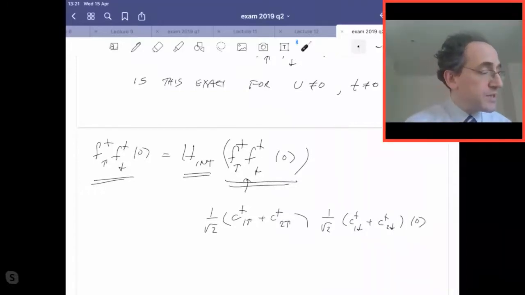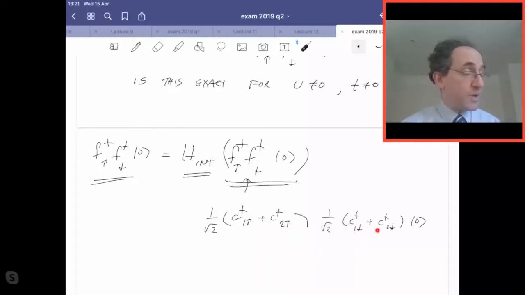The interaction term here gives an energy U to, okay, this product has 4 terms, these 2 terms times these 2 terms, and in the product there are 2 terms that get a coefficient of U because they have 2 particles on the same site, like 1,1 and 2,2.